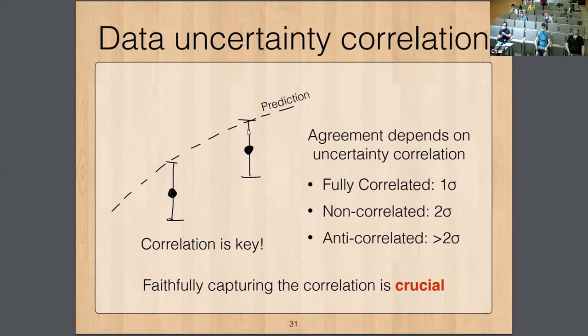If it's not correlated, it's a 2 sigma effect. And if it's anti-correlated, it will be larger than 2 sigma. This can even be an observation like 5 sigma if it's anti-correlated enough. So in our analysis, capturing the correlation as faithfully as possible is a very crucial piece of the analysis. And this will be more and more important as time goes on, and the precision will keep increasing.